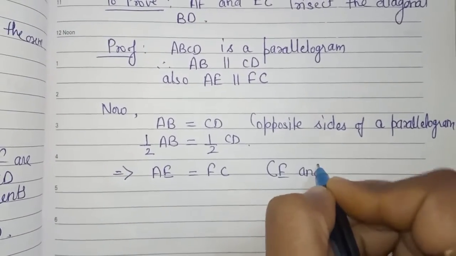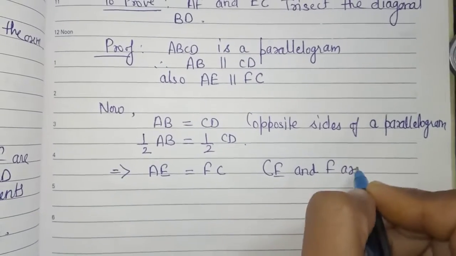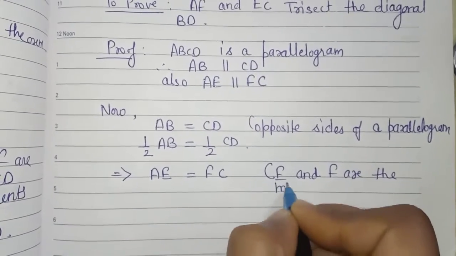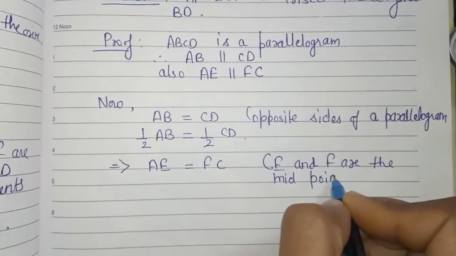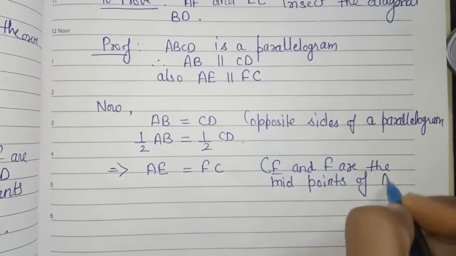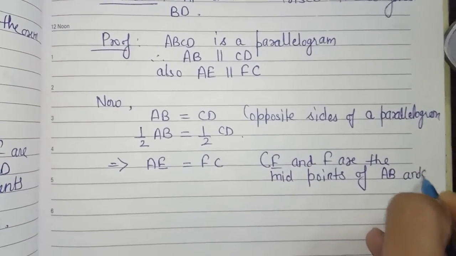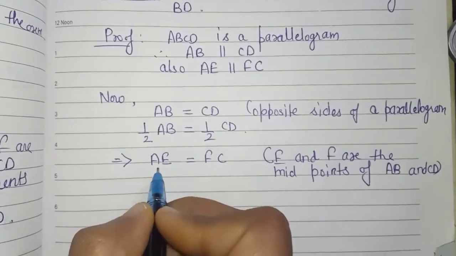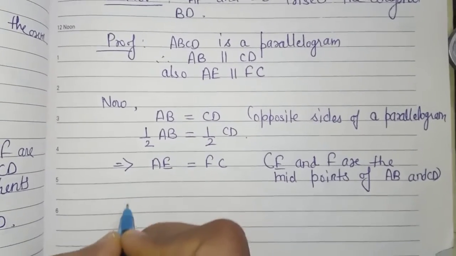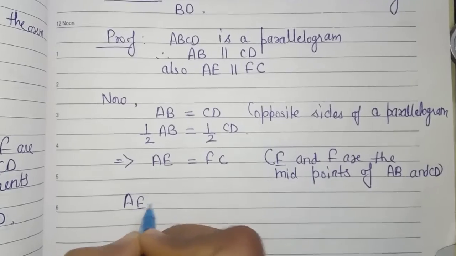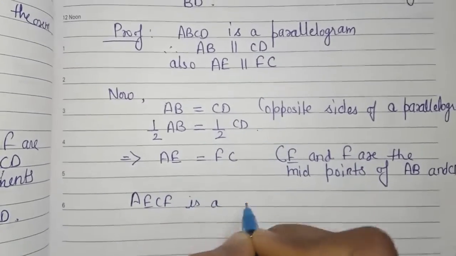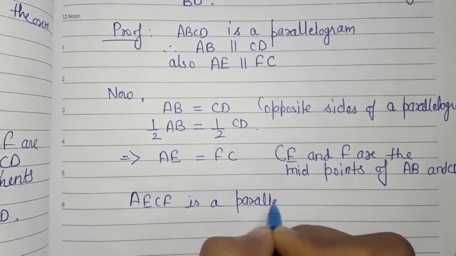As I told you, E and F are the midpoints of AB and CD. So this implies AECF is a parallelogram.